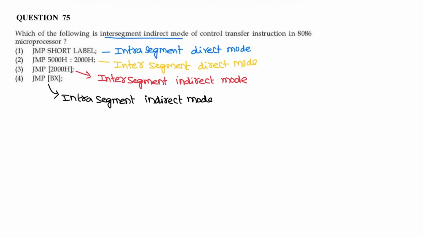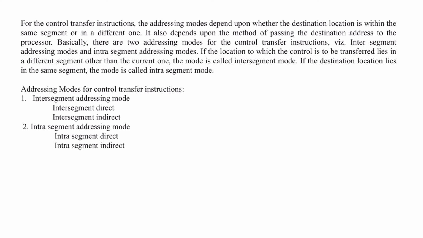So let us see this. For a control transfer instruction, the addressing mode depends on the destination location, whether it is within the same segment or within a different segment. Based on that, the control transfer instructions have inter-segment and intra-segment addressing modes.